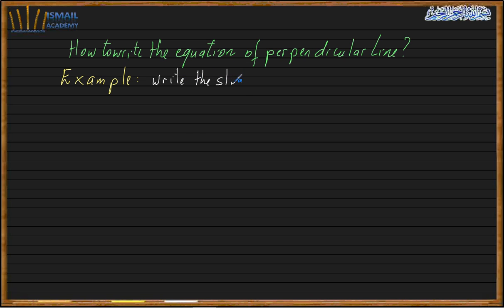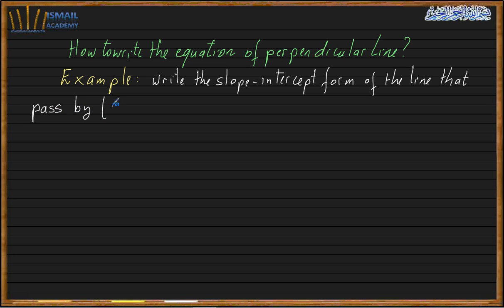Write the slope-intercept form of the line that passes through 0, 2 and is perpendicular to y equals 3/4 x plus 7. I use the slope-intercept form because this is the most common question they ask.